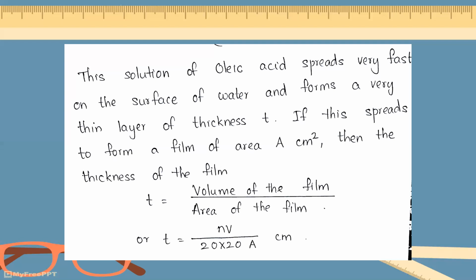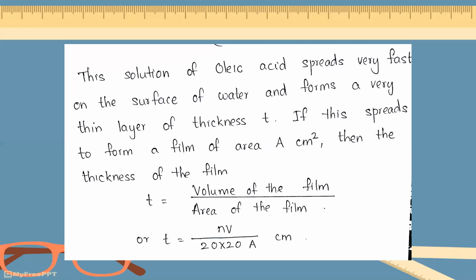Now you know the volume and you know the area. Now we have to find the thickness. To find the thickness, divide volume by area. We will get the thickness of the film.